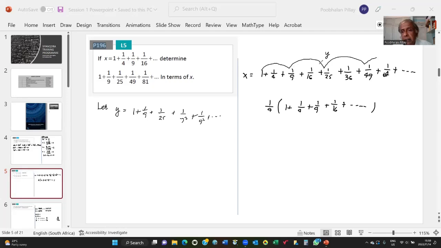Those are the second, fourth, sixth terms. If you look at the even terms, that's missing. So this part here is equal to y plus these other terms.